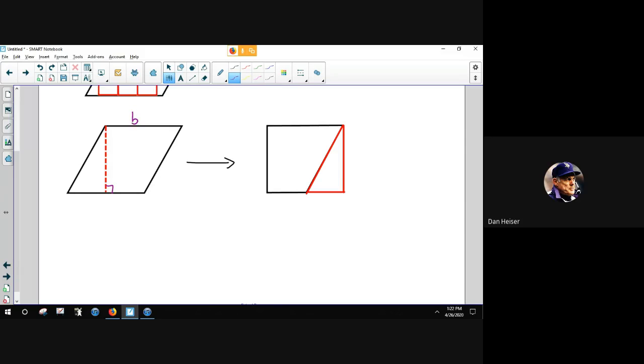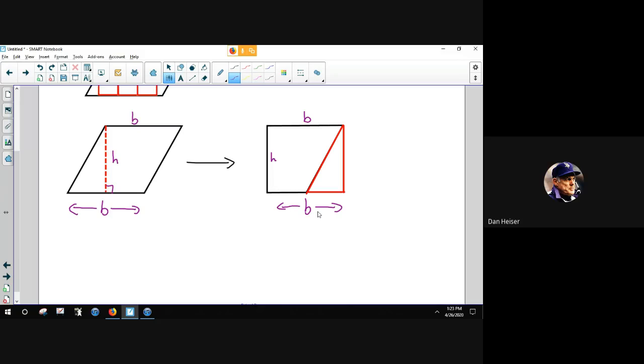If I call this B for base, I know this is the exact same measurement. I will call this H for height, which is now this measurement right here. I still have B for base. All I did was take this piece right here and move it over here.